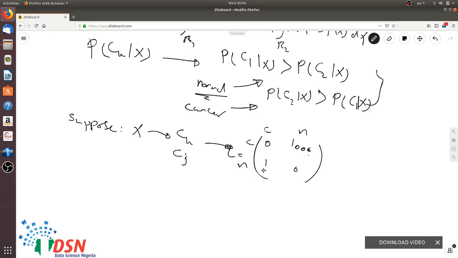In other words, predicting cancer for a normal person is better than predicting normal for somebody with cancer. This is 1000 times worse for us. So in this case, we want to minimize our loss function and find the optimal solution.